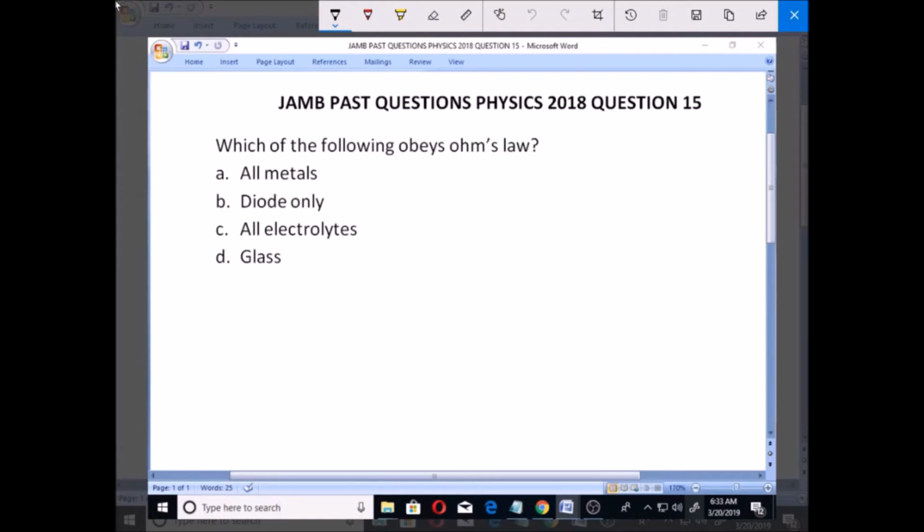And what is the statement of this Ohm's law? In order for us to get this well, we need to note the statement of Ohm's law. And what does it state?